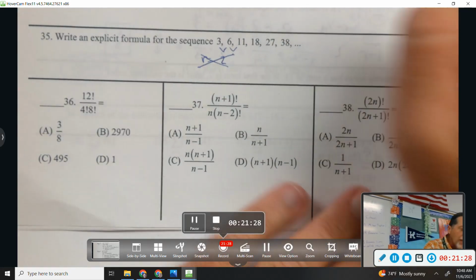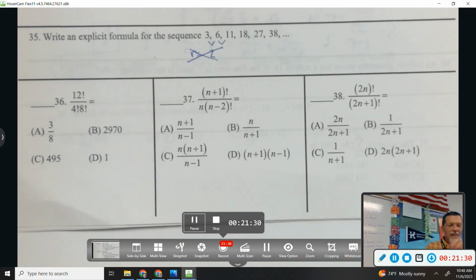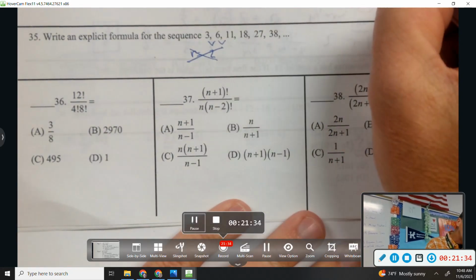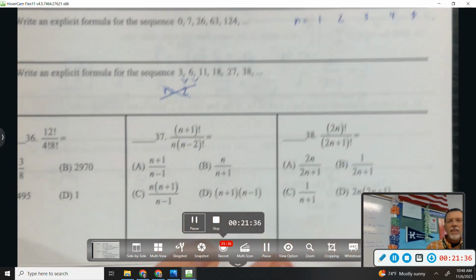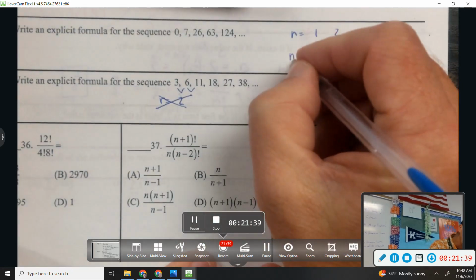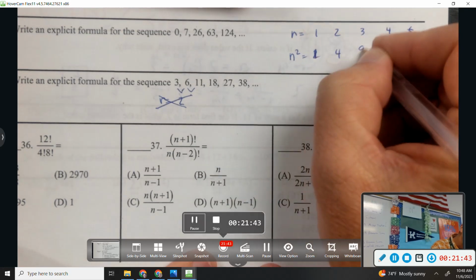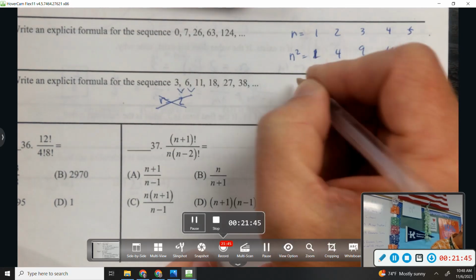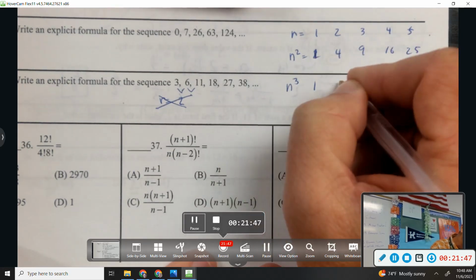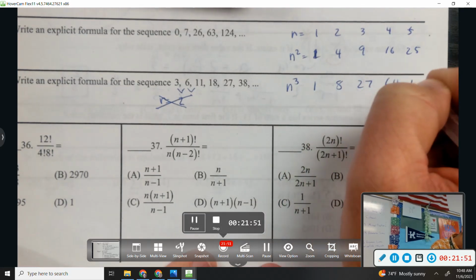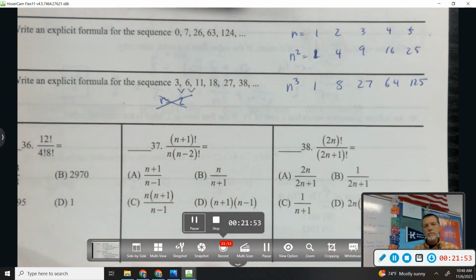Okay, there were 2 other, not really types, but patterns maybe. And that was when we saw perfect squares show up. Whoops, 1 squared is 1, last I checked. And perfect cubes, sometimes those are important to recognize. Okay, so does it match any of those?